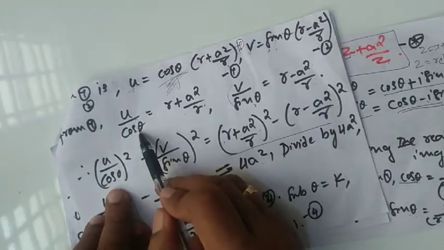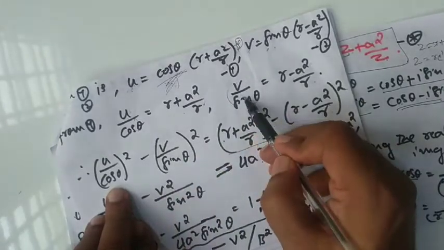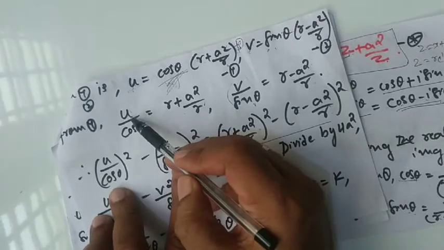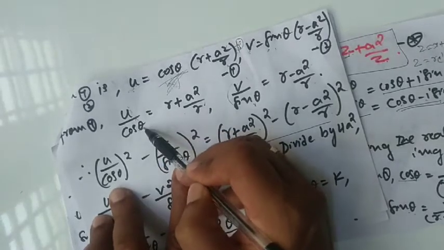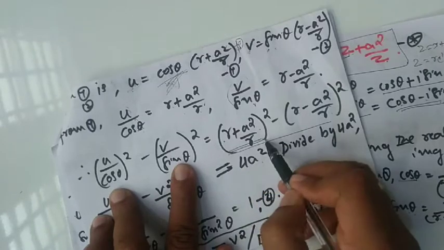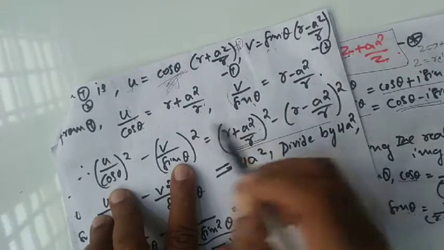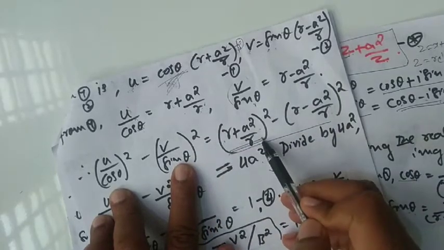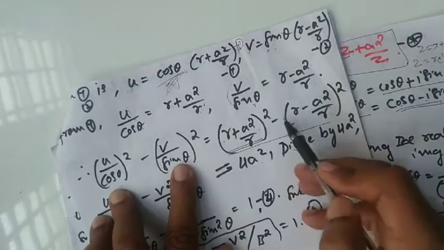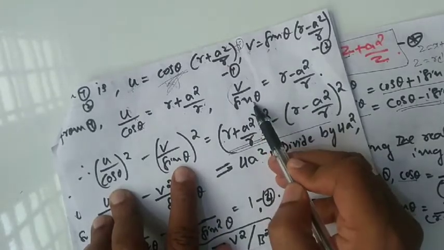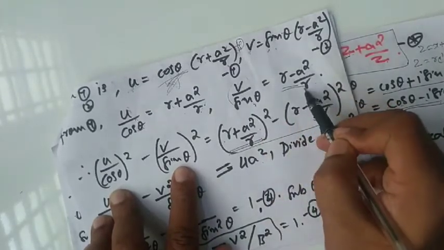Square this, u by cos theta whole square. Here also, v by sin theta whole square. Subtract. Observe the point. u by cos theta whole square means r plus a squared by r whole square. That is what I have written. Minus, v by sin theta whole square means r minus a squared by r whole square.